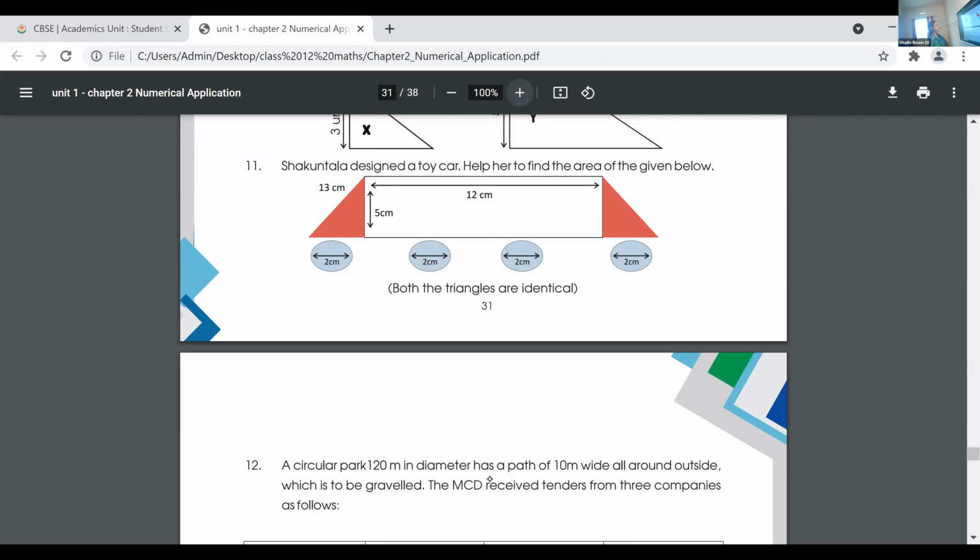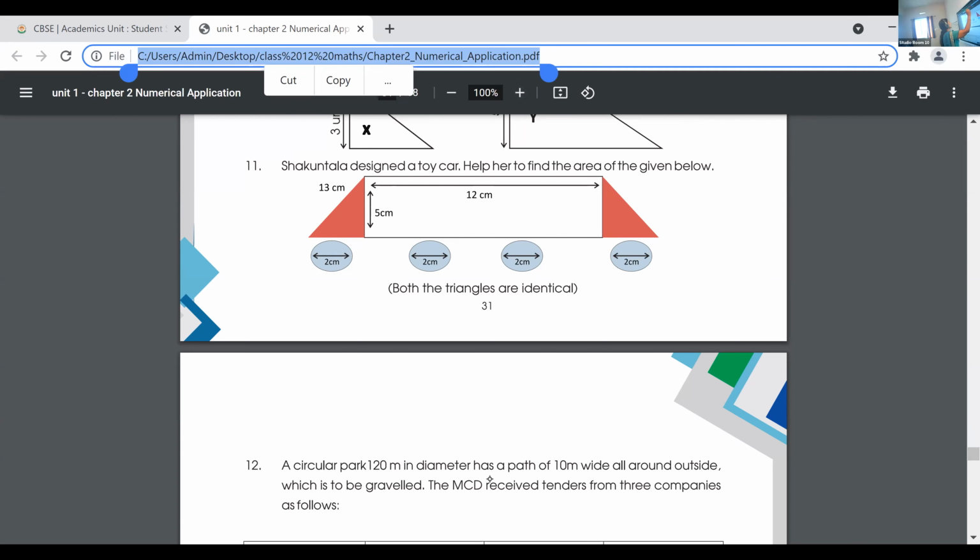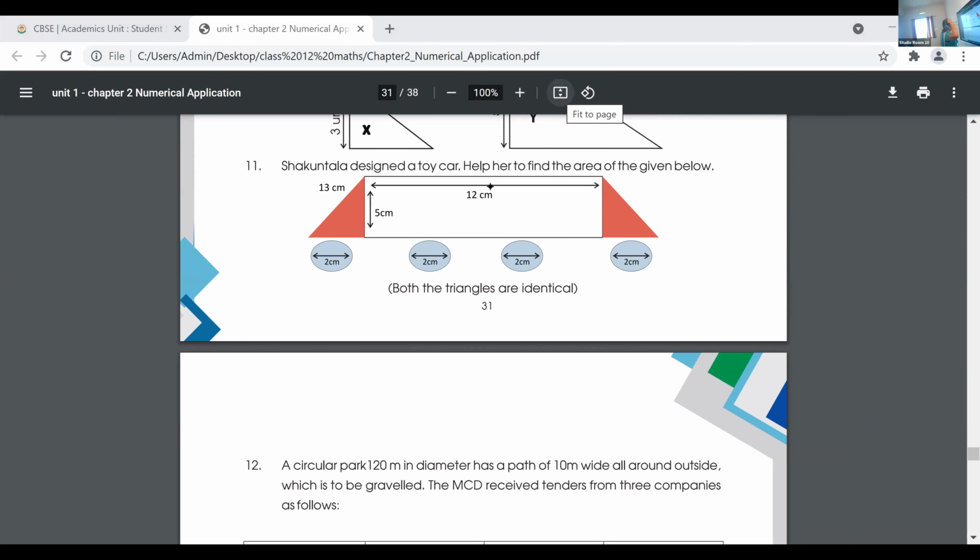Area of trapezium is half into height into sum of parallel sides.